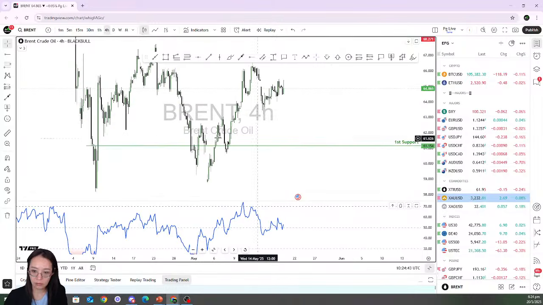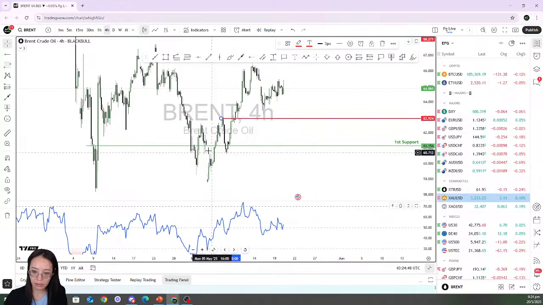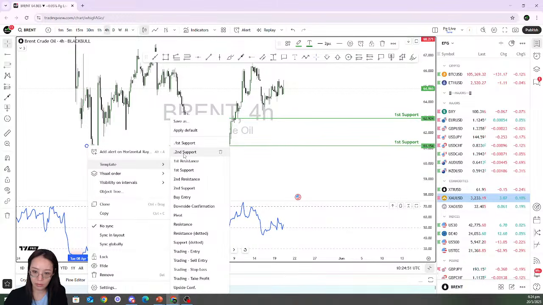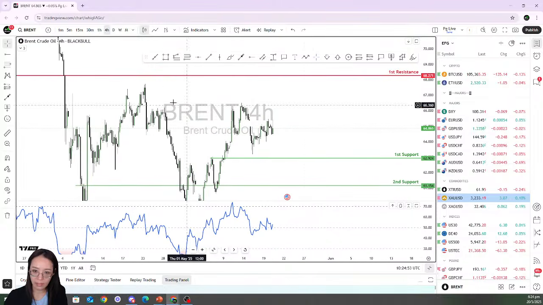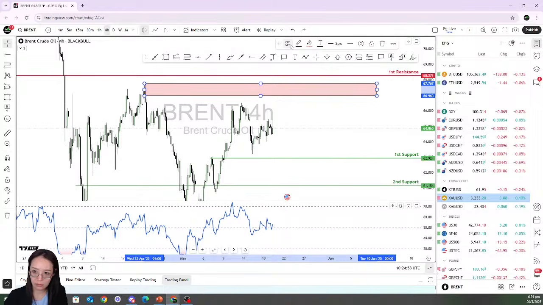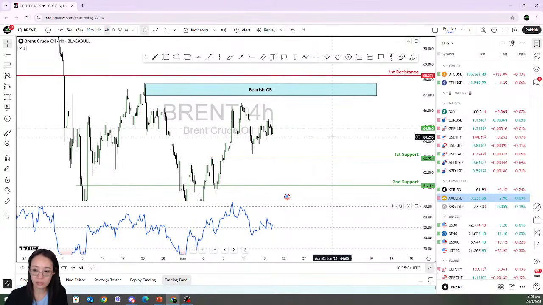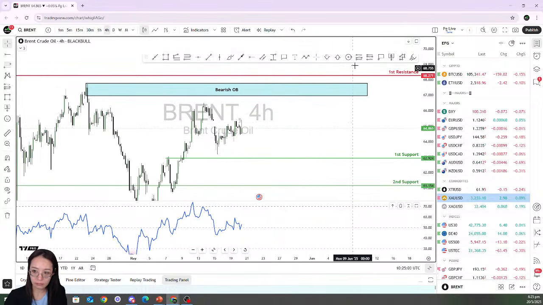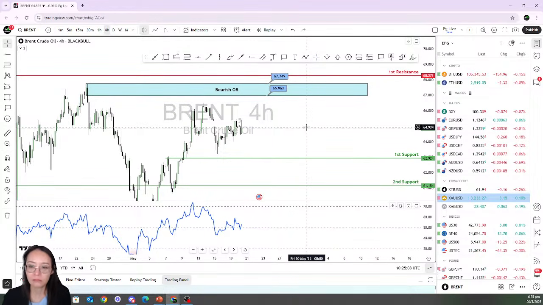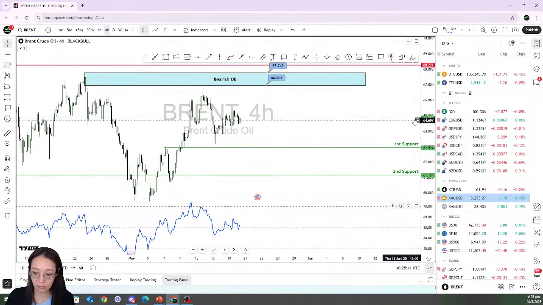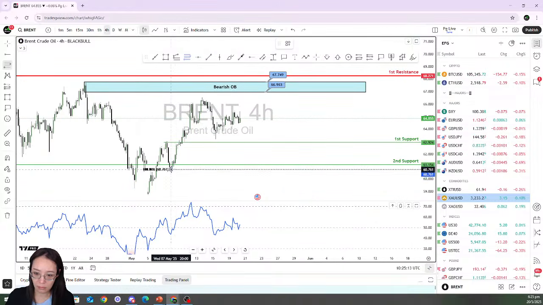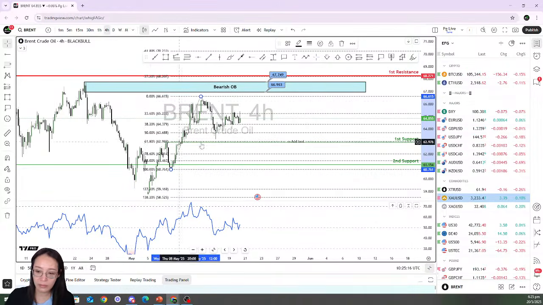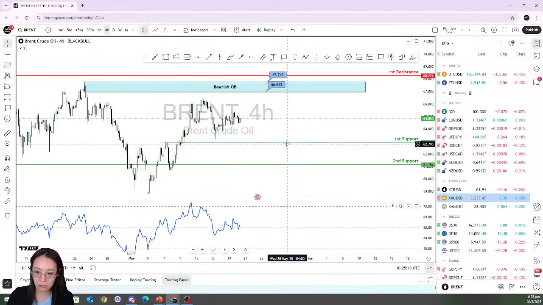H4. First support right here, which is where you can buy. This is going to be my second support. They already closed the gap. There will be another block here. If you want to trade first time fresh, you can trade. 61.8% exactly at the first support level.